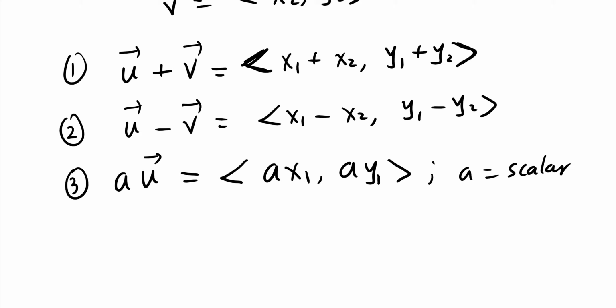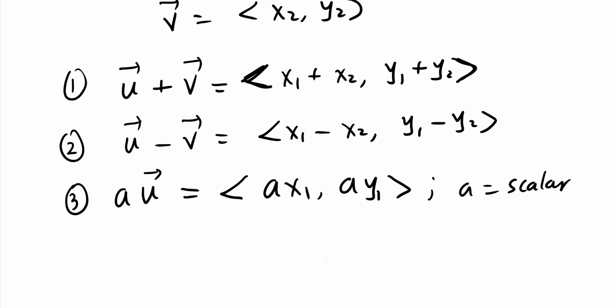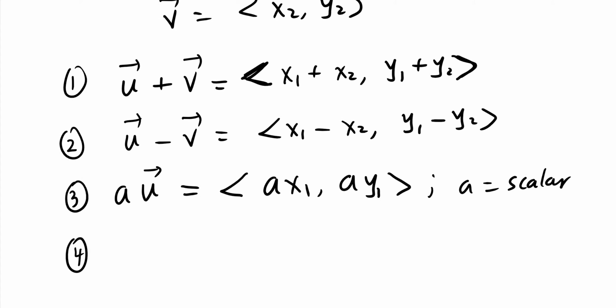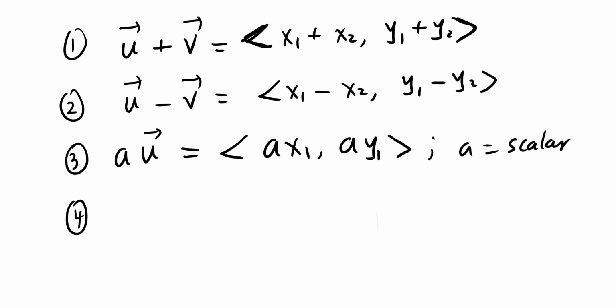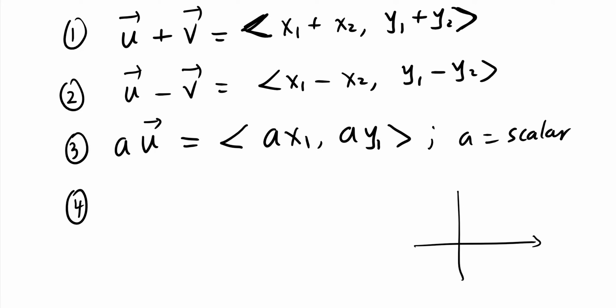That can be applied to any vector. Another thing to learn here is that we can write a vector differently. On the xy plane, when we go 1, 2, 3, -1, -2, this is a vector and this is a vector.